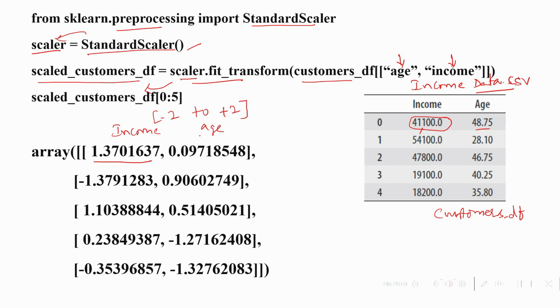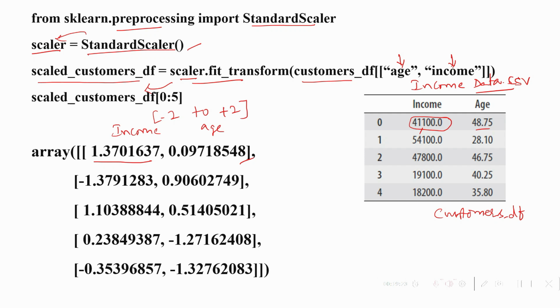So here the income is minus 1.37 and 0.96, like that. All the data is converted between minus 2 and plus 2. So simply this process is called standard scaler.